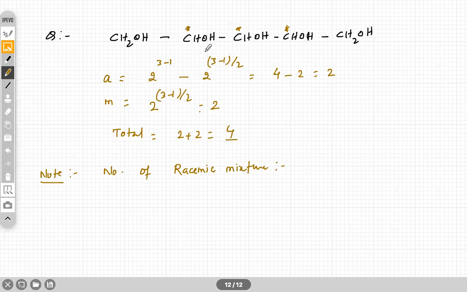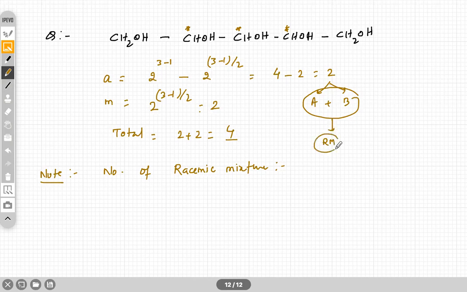So can we say the number of racemic mixture is half of the number of optically active form? Is it right? Because you see we are getting two optically active forms here. Suppose it is A and B, this A and B if you mix, this gives you one racemic mixture.